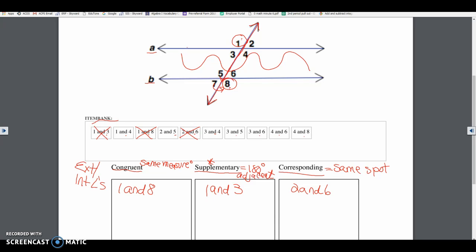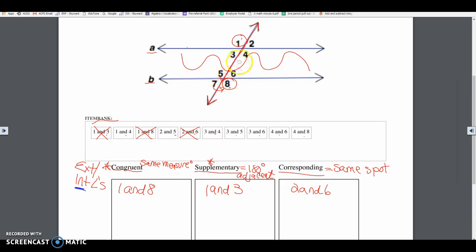I'm going to give you one more example under congruent, and then I'm going to have you complete the rest. I'm going to put this in a different color. You can have alternate interior angles. So we're also looking for the interior ones.